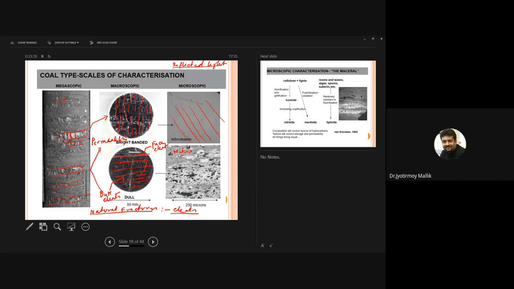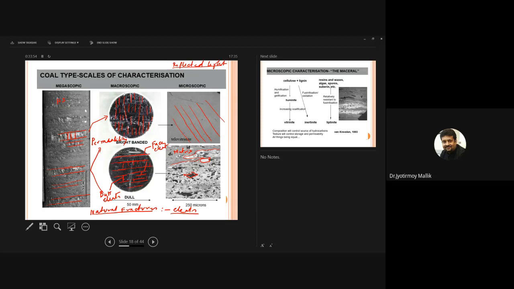Okay. Now you can identify that some parts of it are completely black colored. Some part of it is grayish, that forms like the ground mass. And then there are some parts which are extremely bright.